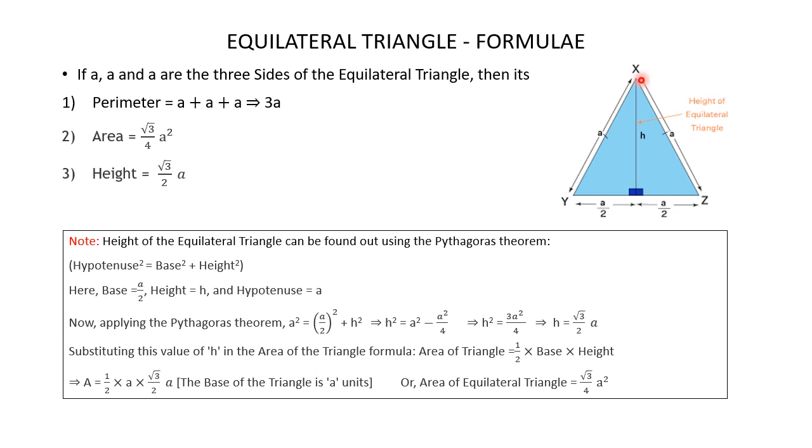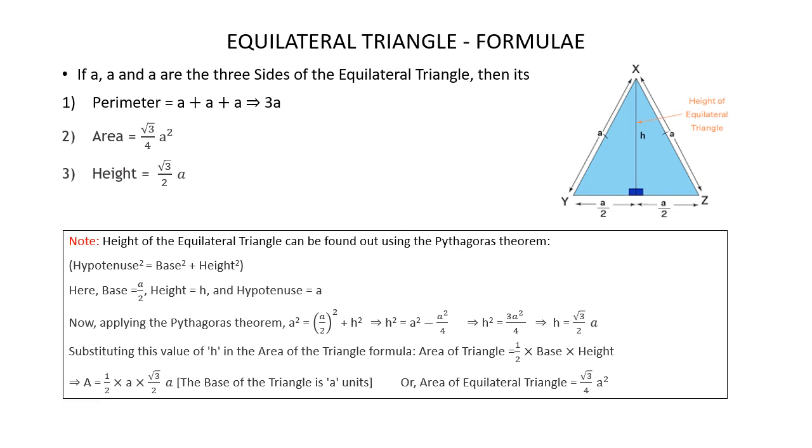Now, in this equilateral triangle, we have considered the base as YZ, which is equal to a. Height is the length of this perpendicular, which is h. Now we know the value of h as root 3 by 2 multiplied by a. We know the value of the base is a.